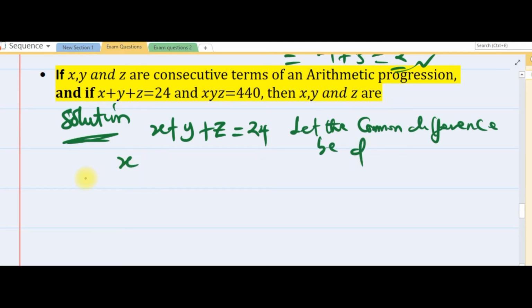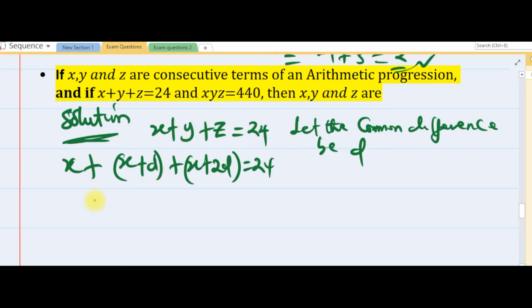So you notice that y is x plus d. Do you get? Since they are consecutive terms, the common difference is d. z is x plus 2d, because they told us they are consecutive terms, so each consecutive term differs by d.